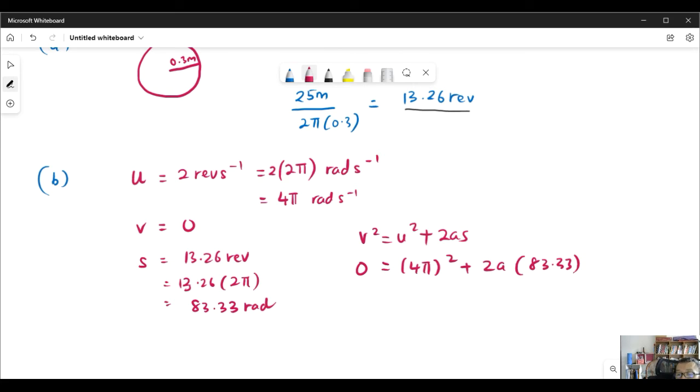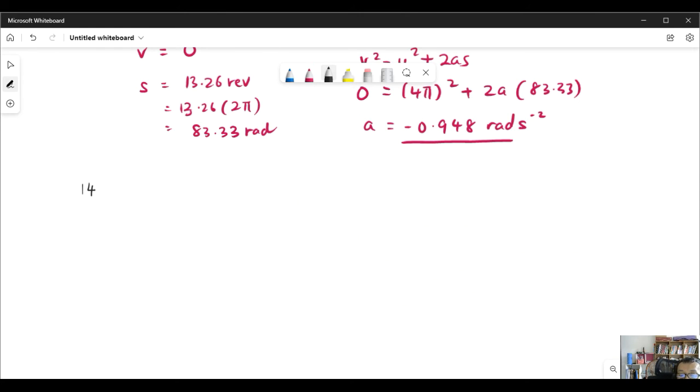And then move them around, you will get 4 times 3.142, squared. Divide by 2, divide by 83.33. Your answer will be negative 0.948 radian per second per second. That's the answer.